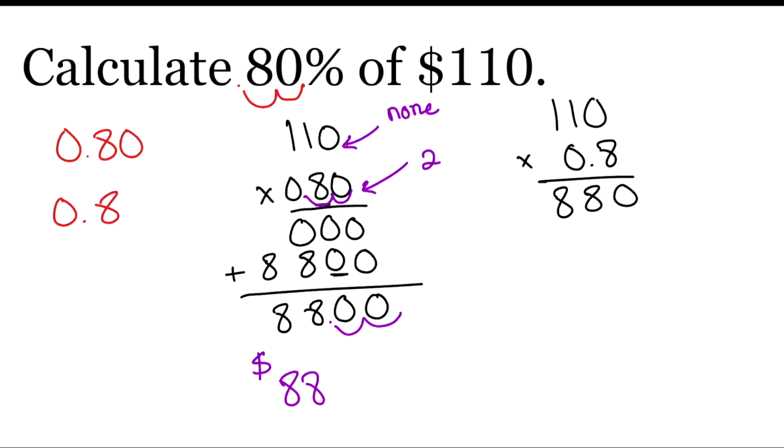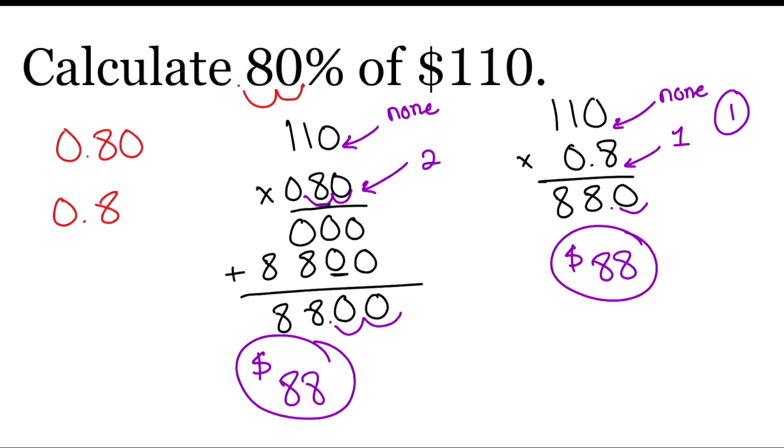Yeah, that's just going to be 1. Here, we have none up top, and then we just have 1 on the bottom. So that's going to be a total of 1. And so here we'll go, boom, done, and the answer is 88. Everybody, are these the same answers?